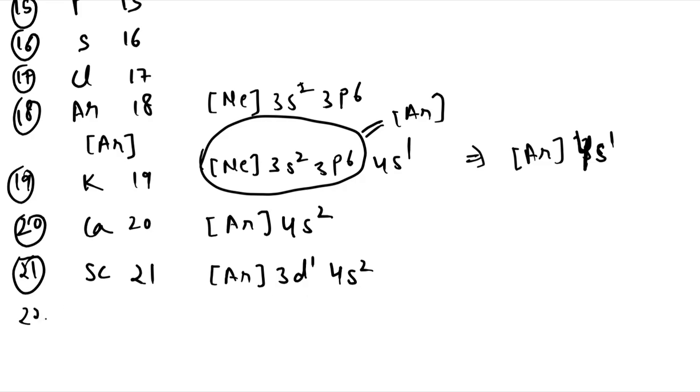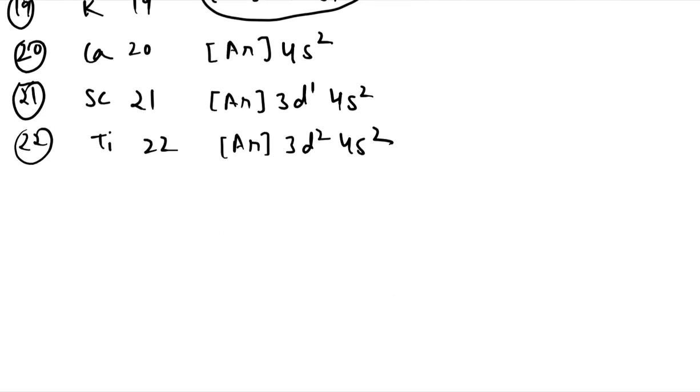Then after scandium we have titanium with 22 available electrons. So it is argon 3d2 4s2. Similarly, after titanium we have vanadium with atomic number 23. So it will be argon 3d3 4s2.